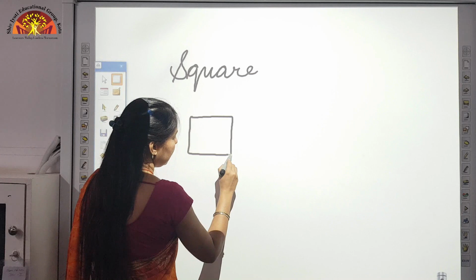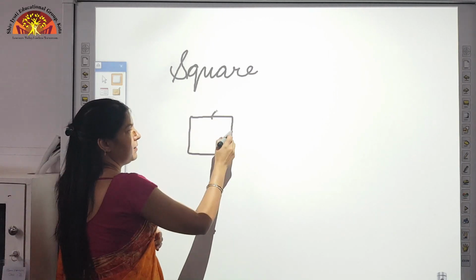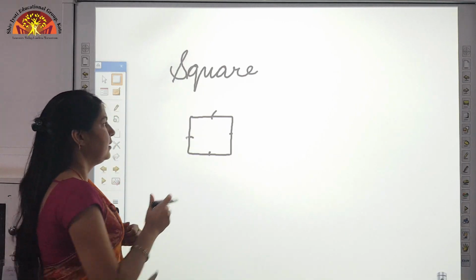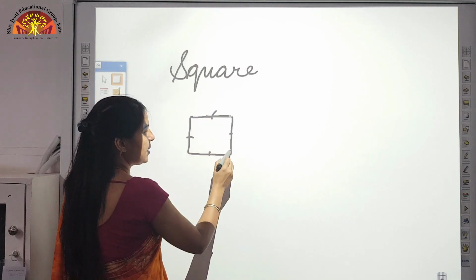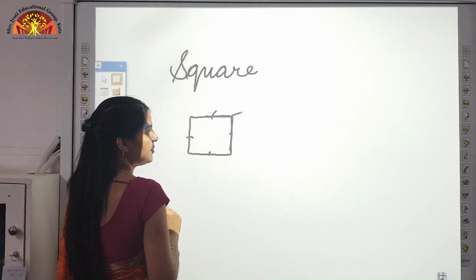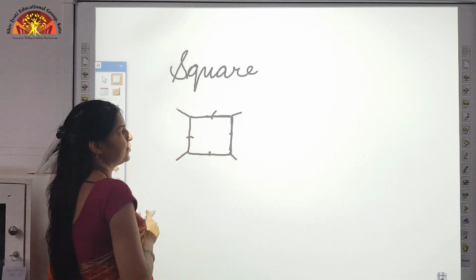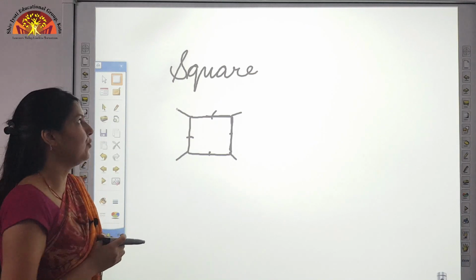As you can see here in this picture, all these sides are equal to each other. Now how many corners does it have? It has 4 corners. These two sides are meeting here, so this is one corner, second corner, third, and this is the fourth corner. So we can say that a square has 4 sides and 4 corners.